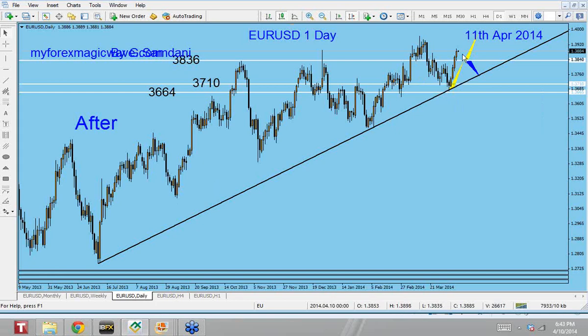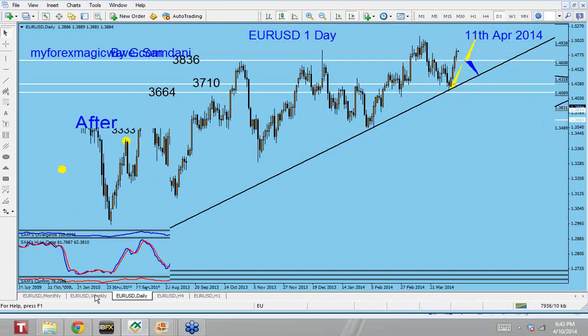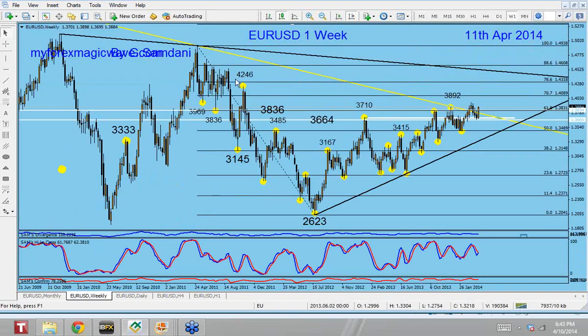1, 2, 3, 4, and the fourth one is clearly above 38.36, finding support and then going up. So to me, it's very easy: breaking 39.69 and then going up towards 40 and then 42.46. This is the number, 42.46 is very important.